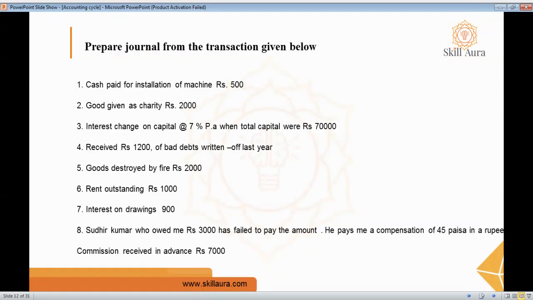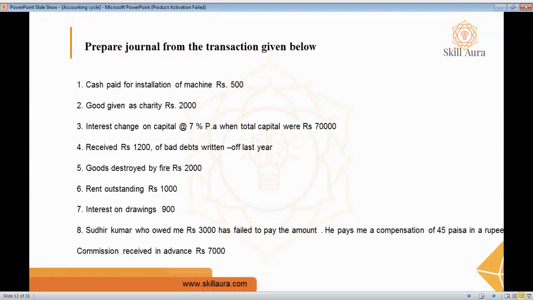So we credit the accounts receivable in the credit column with 3000 rupees. Here you have to understand that the compensation expenses, 90%, is 255 paisa, which is included in the 3000 rupees, and the remaining 10%, 45 paisa, you have to consider as cash.